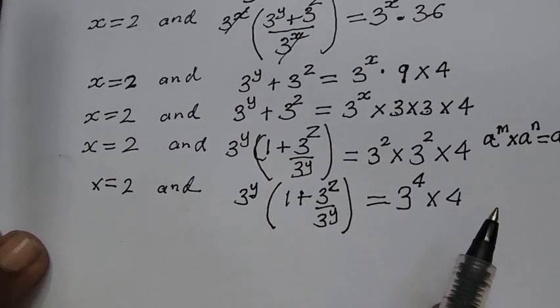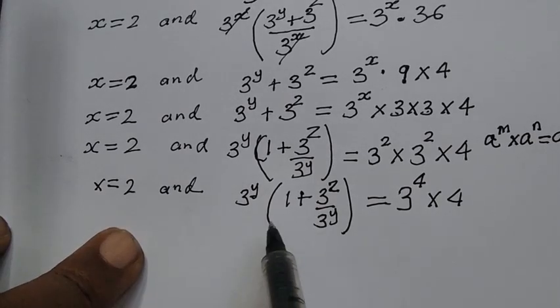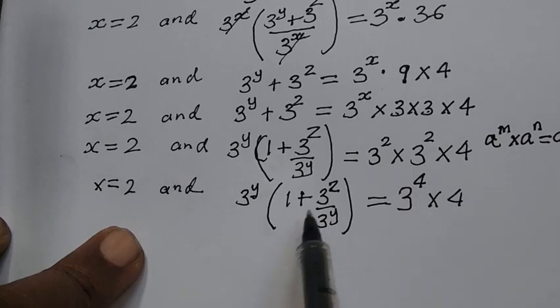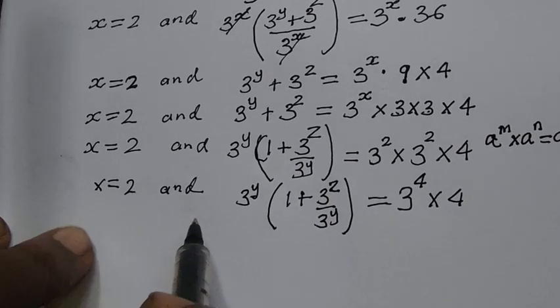Okay, let's proceed. Again here, do comparison. 3 power y equals 3 power 4. And the one which is inside the bracket equals 4.